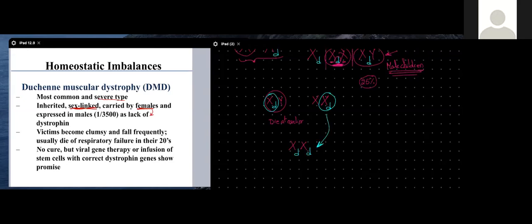And this is going to be very unlikely. So the diseased males won't live long enough to get married in most of the cases. All right, that's why it's so unlikely to have a female with Duchenne muscle dystrophy.